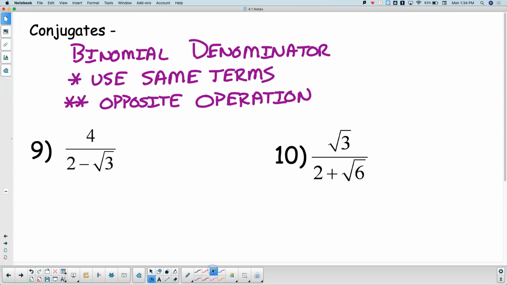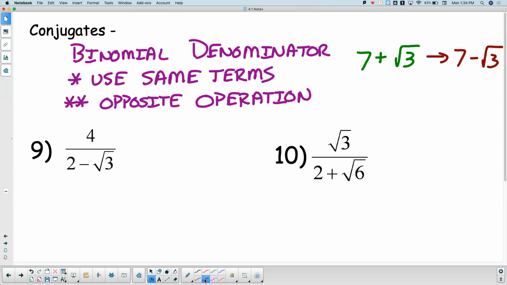So if it were 7 plus the square root of 3, then the conjugate would be 7 minus the square root of 3. Order of the term stays the same. You just change the operation.